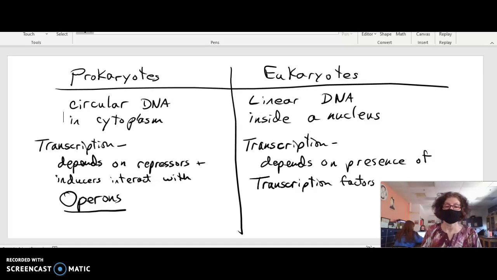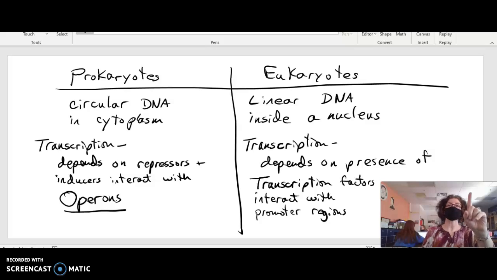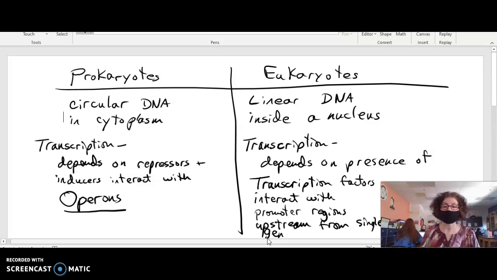That's what they are, that interact with promoter regions that are upstream from single genes, right? That are upstream from single, not multiple like with operons, but single genes. Running out of room down there. There we go. Okay. Everybody with me so far?